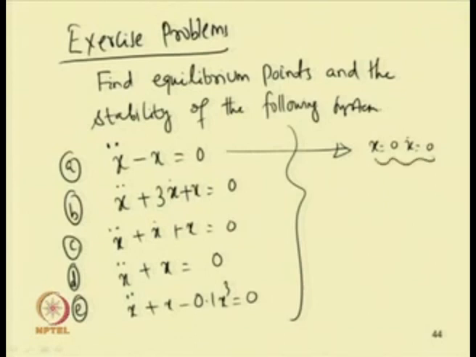For the next case, also at x equal to x dot equal to 0, you can have a stable node. In another case you can have a stable focus at x equal to x dot equal to 0, and in this case you can have a center.